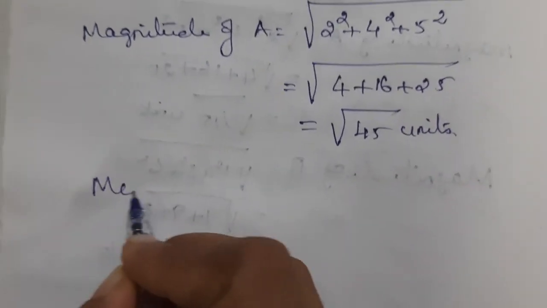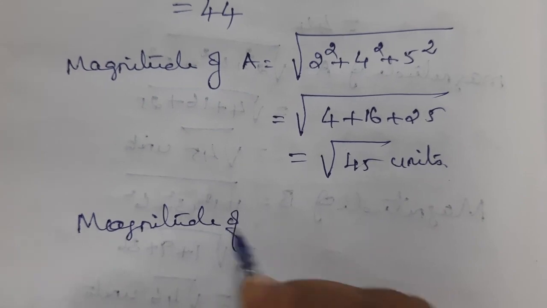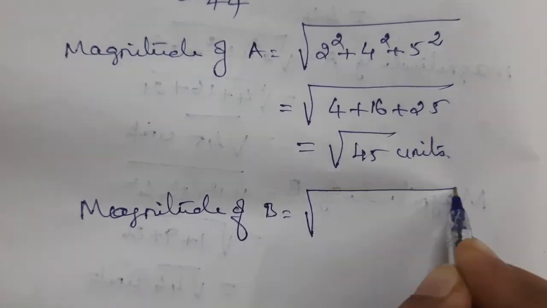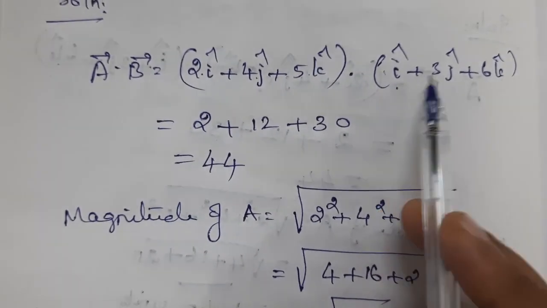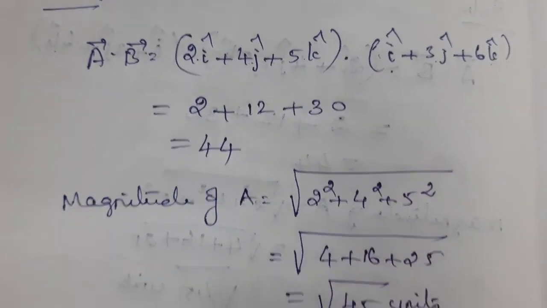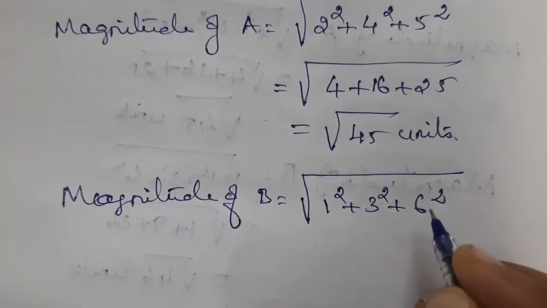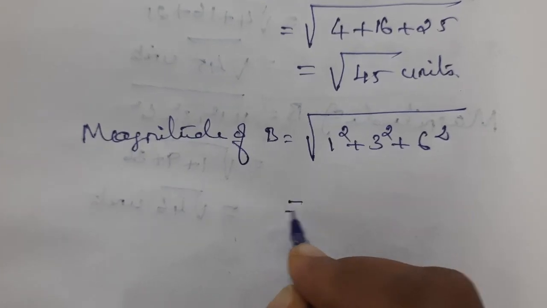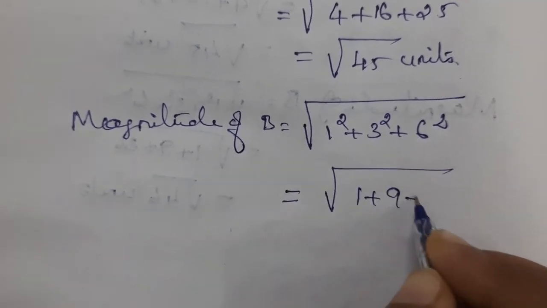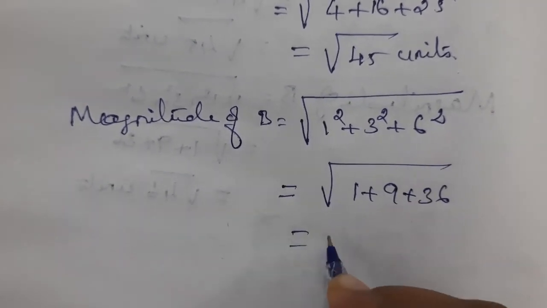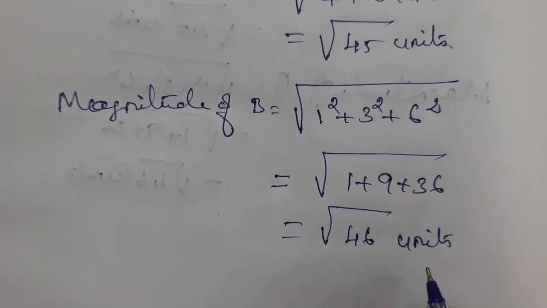Next, magnitude of B. Here also bx square plus by square plus bz square: 1 square plus 3 square plus 6 square, that is 1 plus 9 plus 36. So the answer is 46, square root of 46.